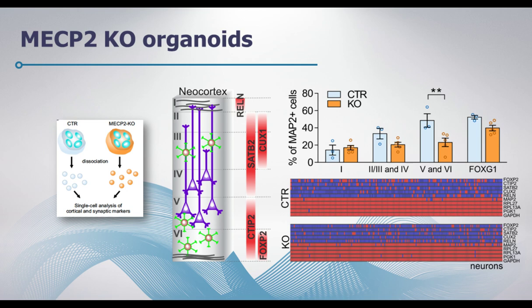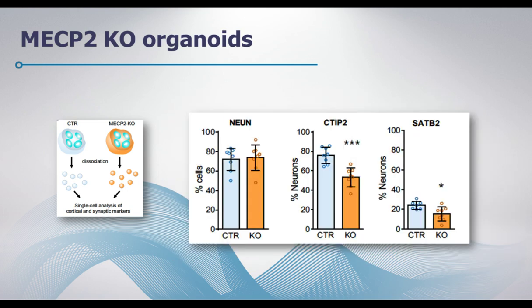If we zoom in on what kind of neurons are present in layers 5 and 6, we find that both CTIP2-positive cells and SATB2-positive cells are reduced as a population in the MECP2 knockout organoids compared to controls. So this is just one example of one of the factors that can be responsible for the spontaneous emergence of these neural oscillations.